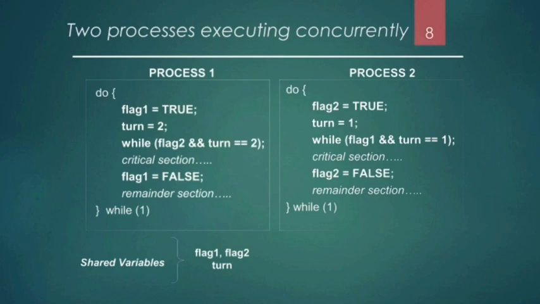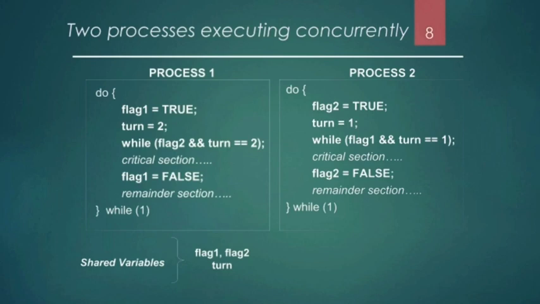We can see the turn variable indicates which process enters its critical section. Eventually, once Pj exits its critical section, it will reset flag[j] to false, thereby allowing Pi to enter its critical section. If Pj resets flag[j] to true, it must also set turn to i.